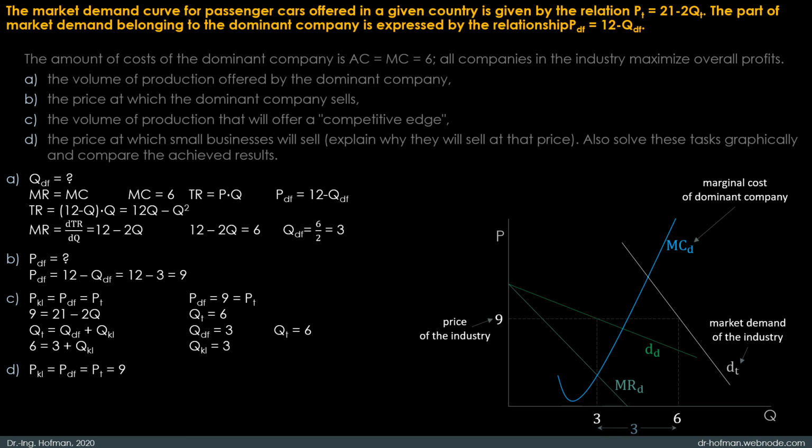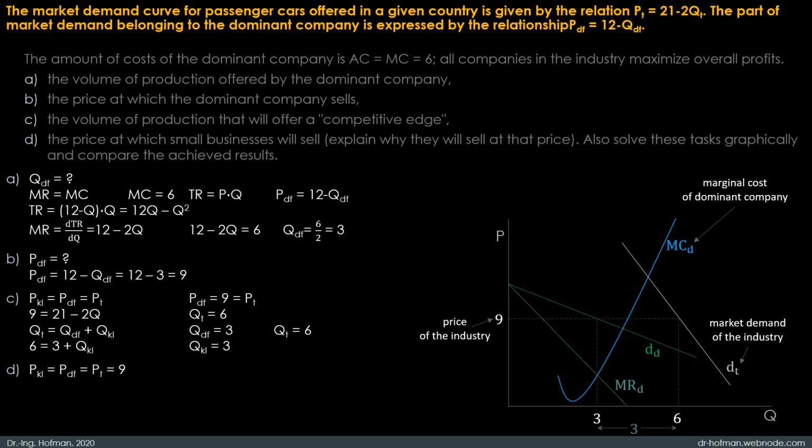We know this price was 9, the price of the whole industry given by the dominant company. That's why in the graph there is 9. We calculated the respective 3 for the dominant company and 6 for the smaller companies. The difference between them, 6 minus 3, is 3, the size of the so-called competitive edge.